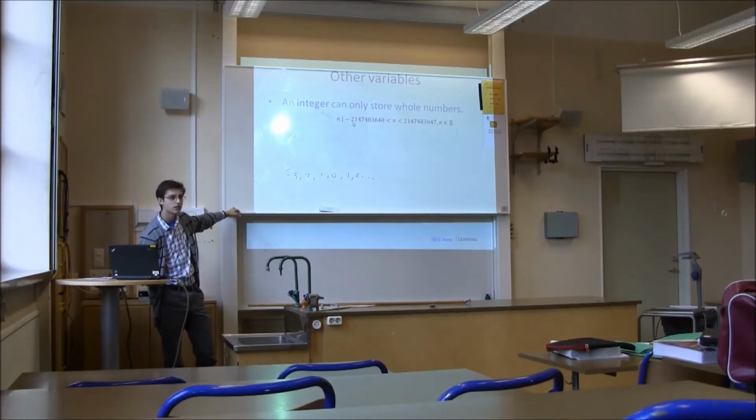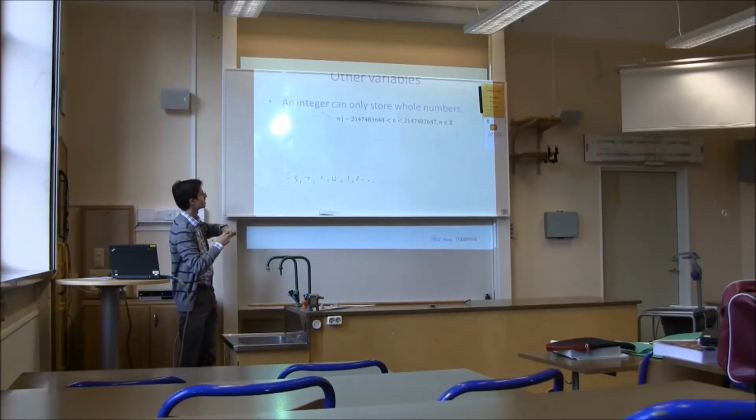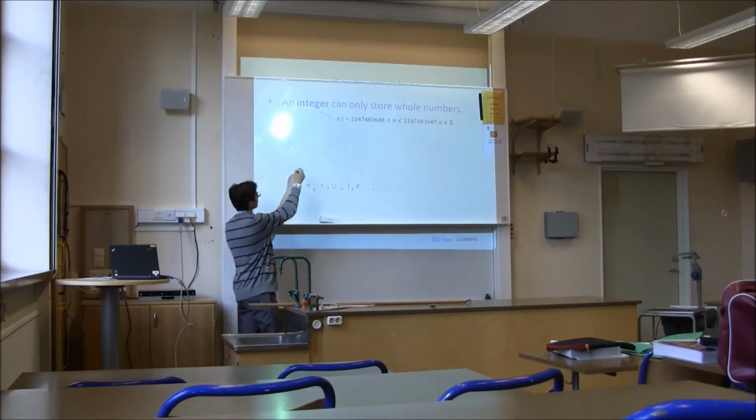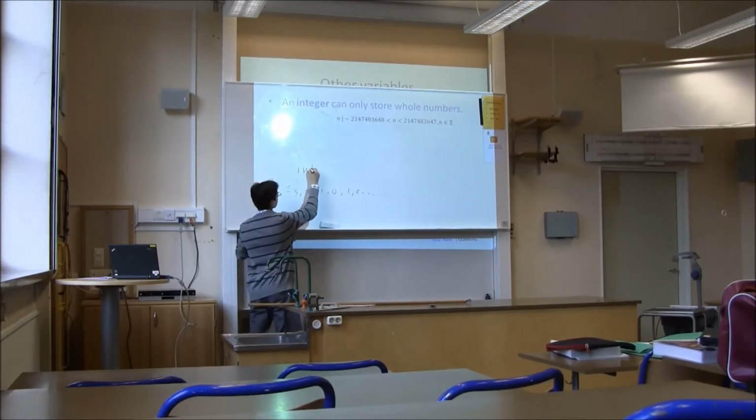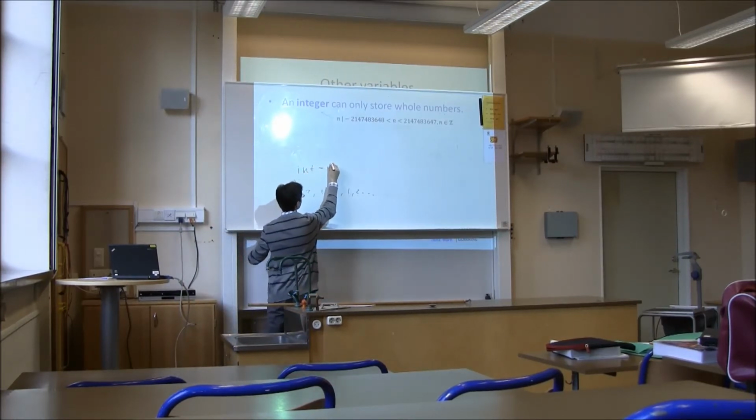But doesn't that depend if it's 64-bit? Yeah, that depends as well, because an integer, what I mean in this case, is typical int, which is the same as int32.